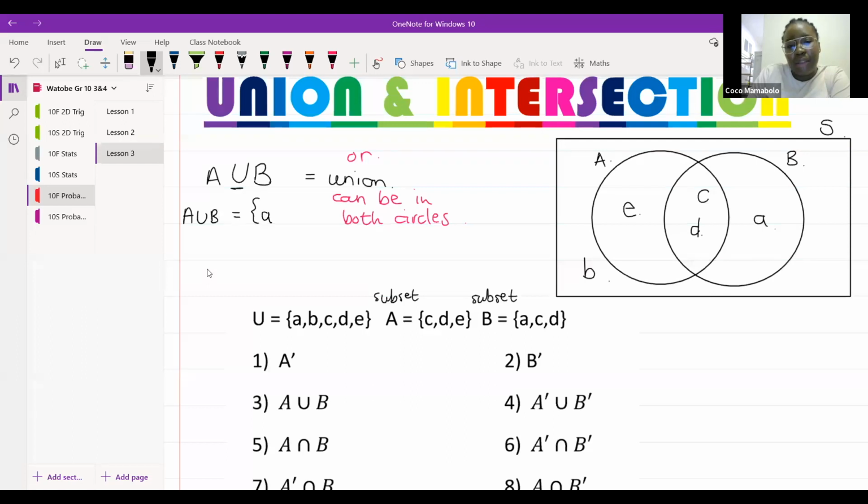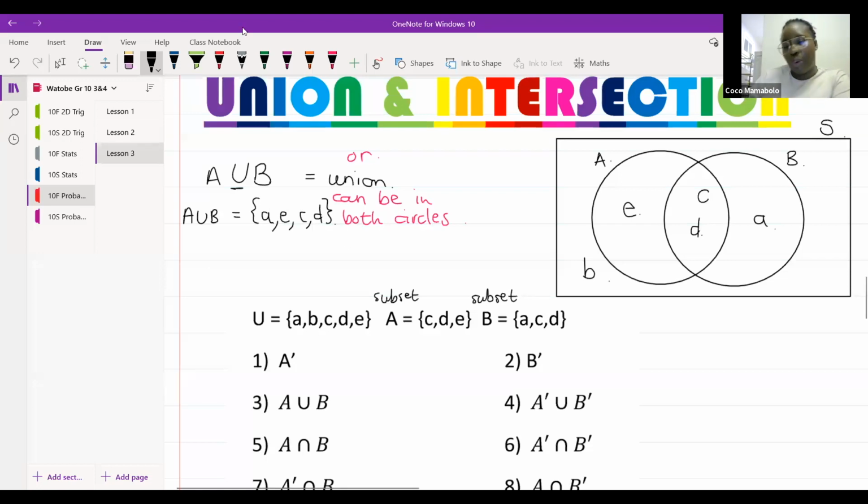You can be A because you're already in B. You can be E because you're already in A, or you can be C or D because both of them are included in both. So the union means all of them together. Oh, okay. I see it now. All the numbers in A or B. So you can be in A, or you can be in B, or you can be in both.